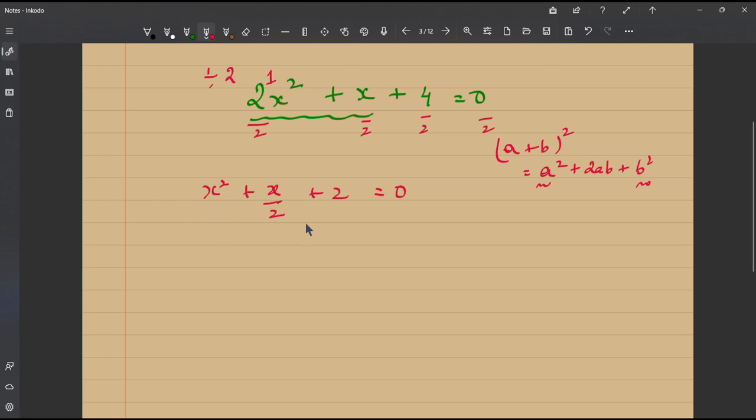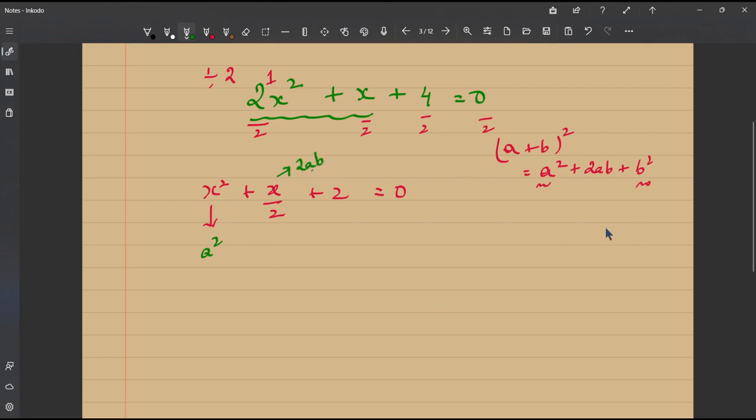Now let us try to make it into a perfect square by adding some terms and subtracting the same term, just by manipulating it. So what we need is a b squared term because this stands for the a squared term. So our a is equal to x and this would stand for the 2ab where we know that a is x.